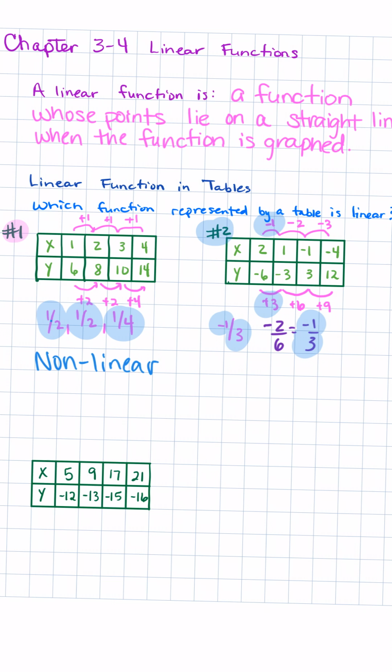And the next one is going to be -3 over +9. That can be reduced to -1/3, which is the same as the others. So therefore this one is linear. It has the same ratio.